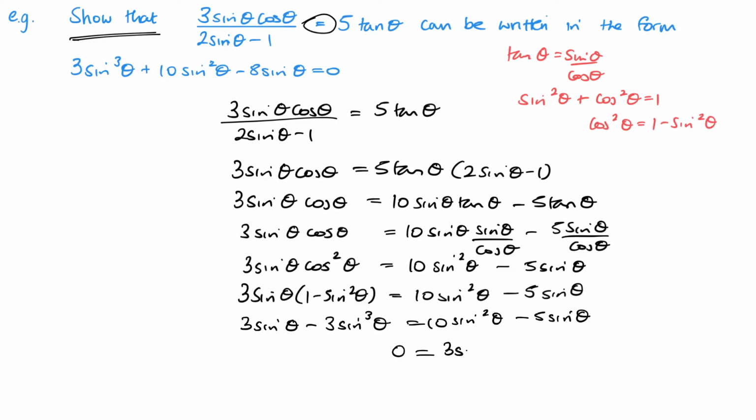That gives me 3 sine cubed theta plus 10 sine squared theta, and then I need to take away the 3 sine theta from my negative 5, so it's going to become negative 8 sine theta, and that is what we wanted, so as required.